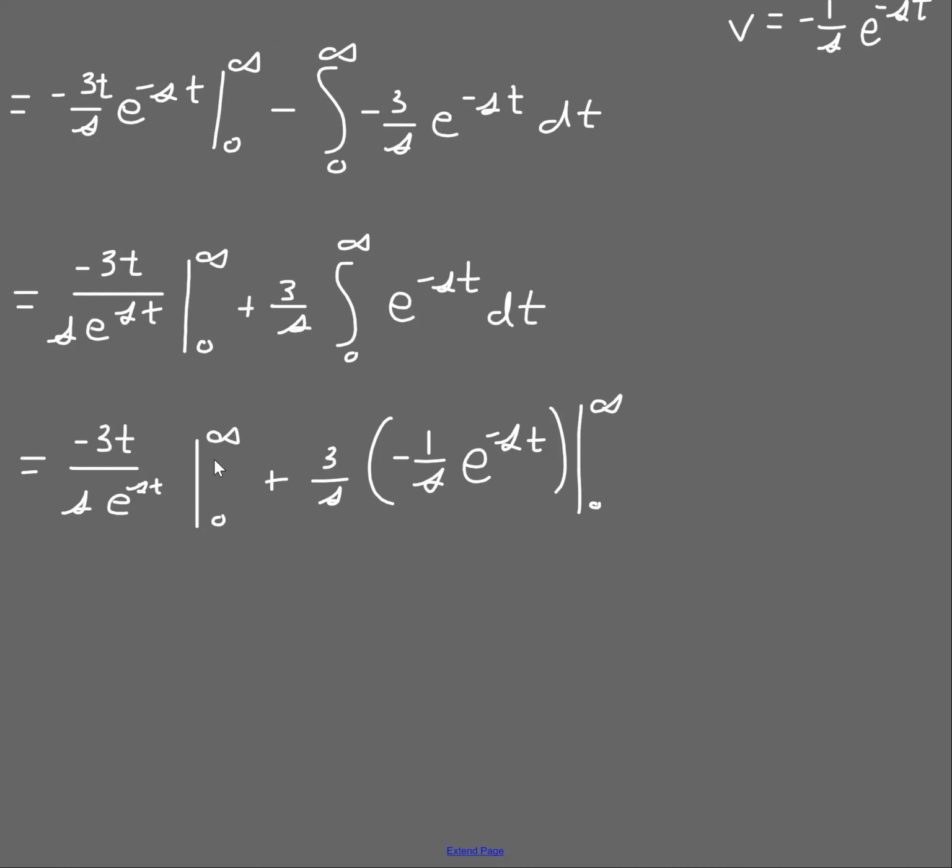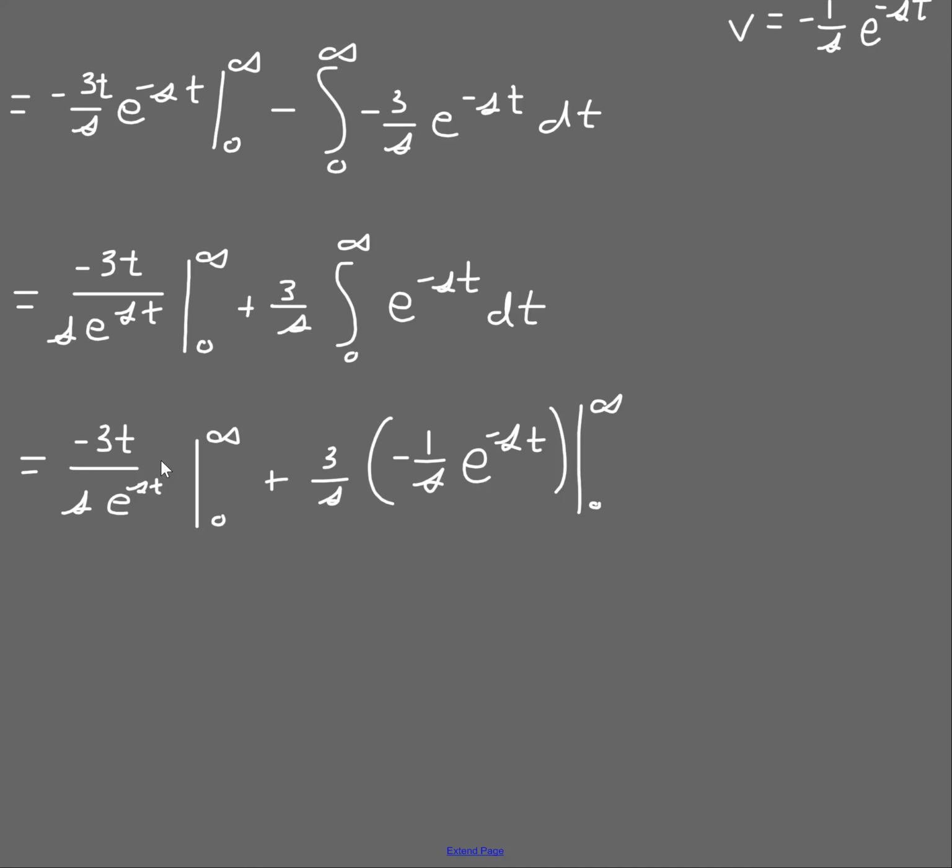So let's figure out what to do with these 0 to infinity. When you plug in infinity, what you actually do is take a limit, with respect to t. So we're going to look at what happens when t goes to infinity. If I take the limit as t goes to infinity of the top and bottom here, we get infinity over infinity. So 3t would go to infinity, e to the st would go to infinity. When that happens, we call that an indeterminate form.